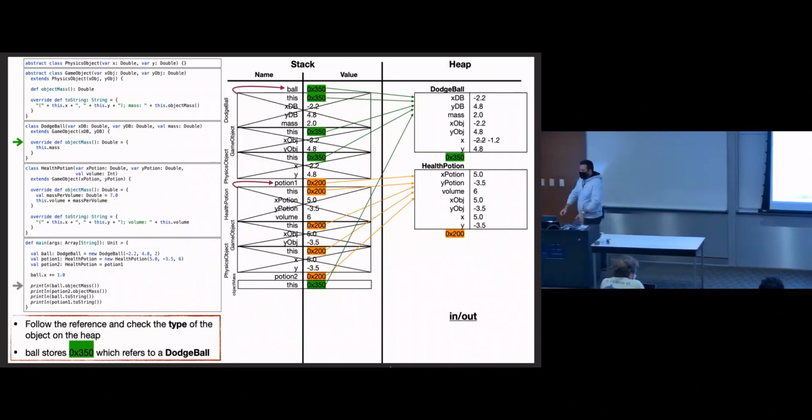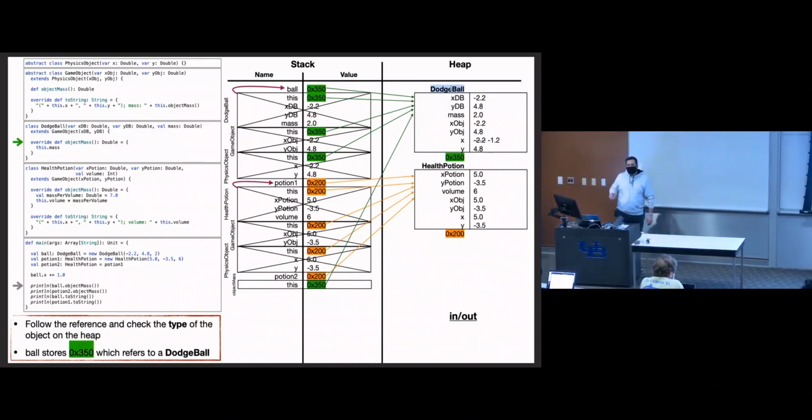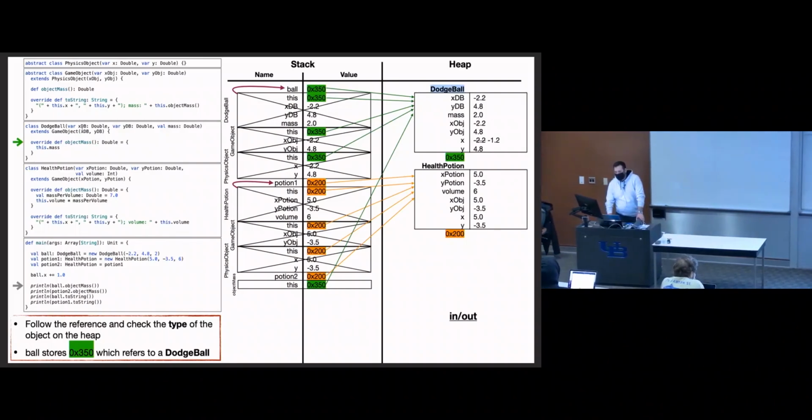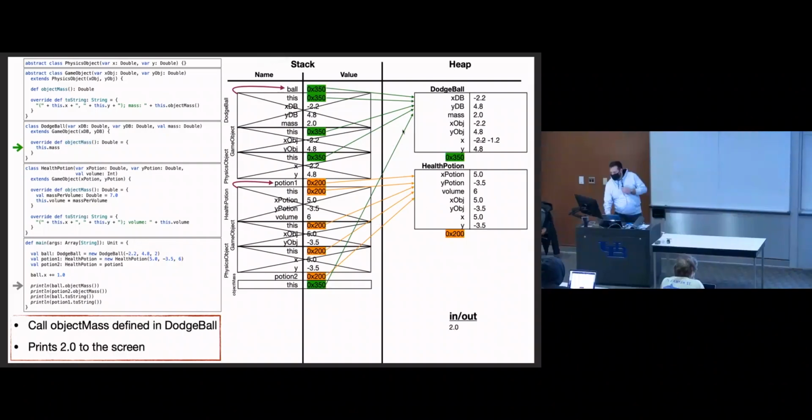So we check the type of the object that's calling the method. This is of type dodgeball, so we look for the dodgeball class and call dodgeball's objectMass. And that's the one we're going to use. this.mass, print 2.0 to the screen.